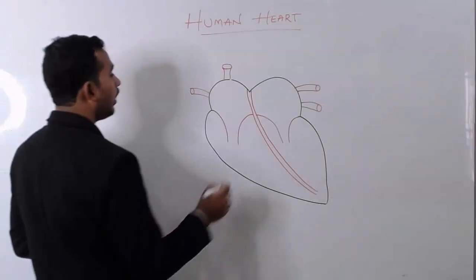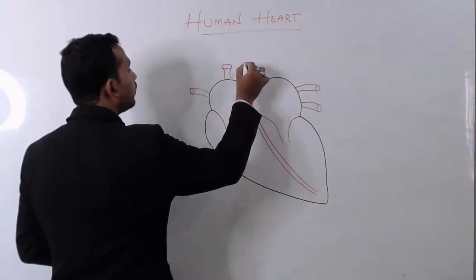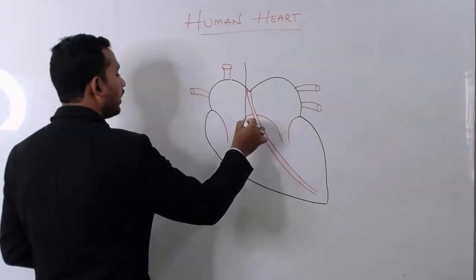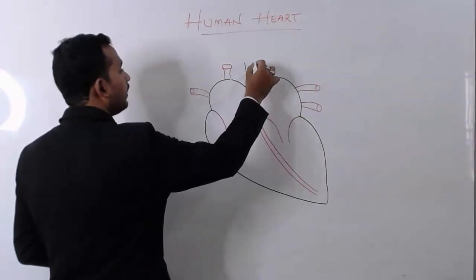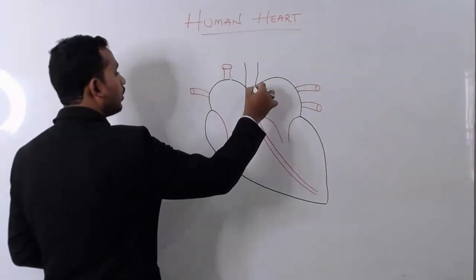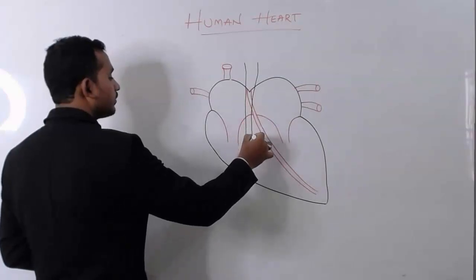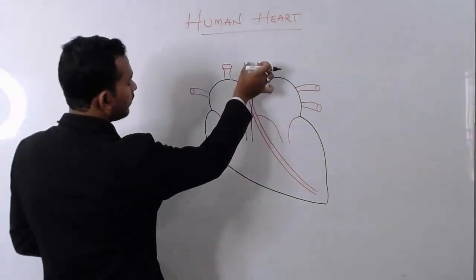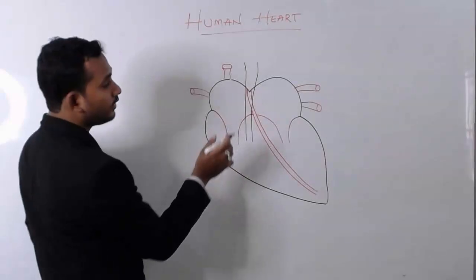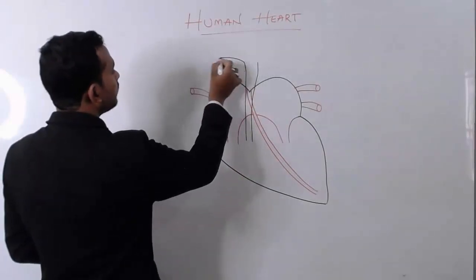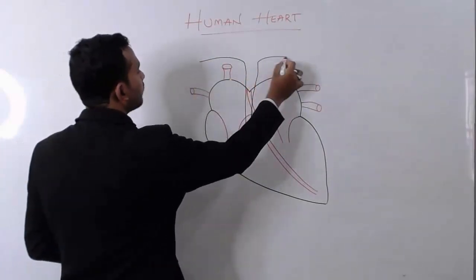Good. After this, what we can do? Draw a line like this. Again, one more line. Draw one more line like this. Can you see this? This is the line. Draw like this. After this, draw the shape of a tree.